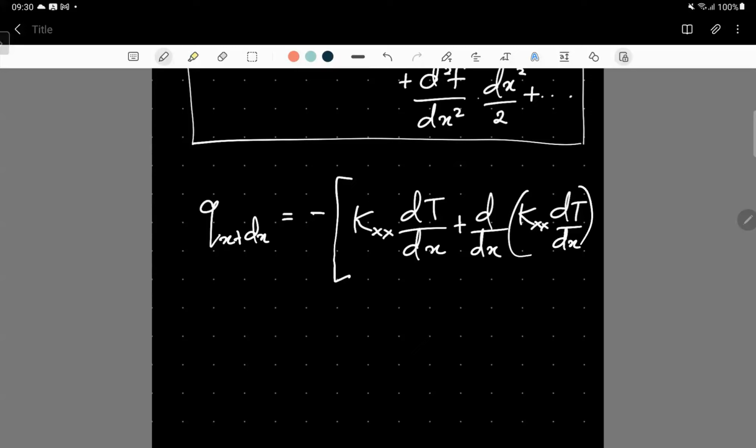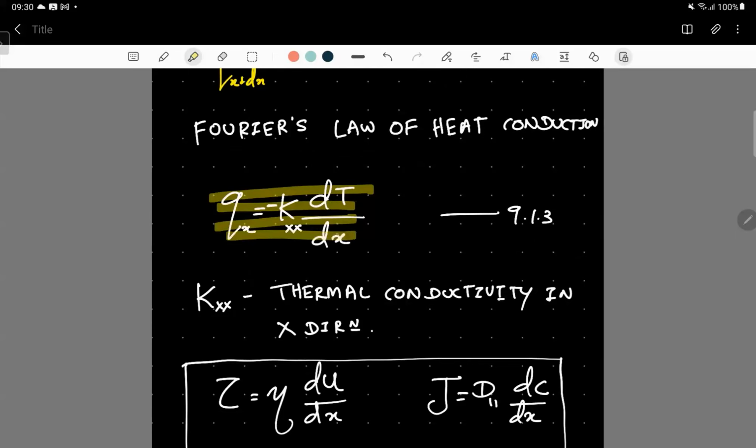This has to be multiplied by dx. Now we have a term for the heat flux at the exit point, qx plus dx, using qx, or let's say the thermal conductivity and the temperature gradient, in this form.